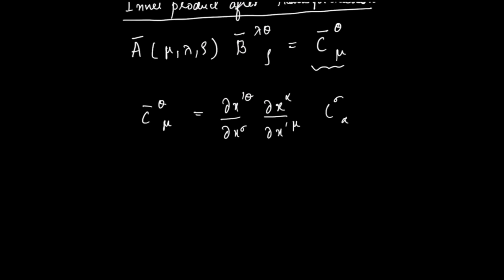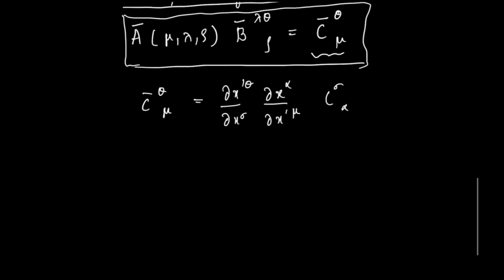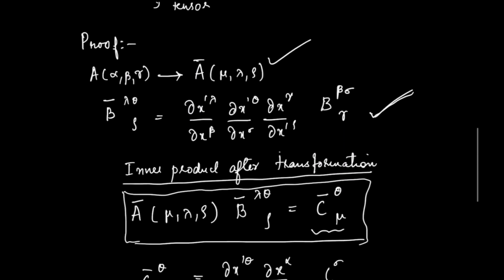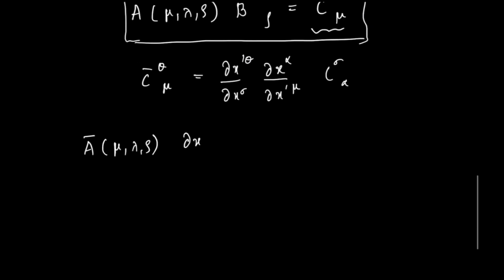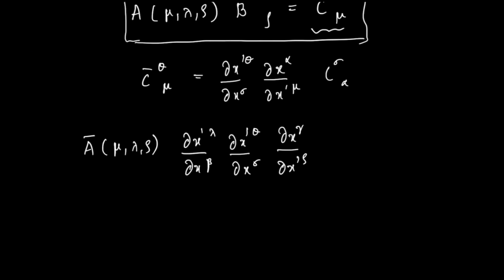Now I have to substitute it in the main equation here. A bar I have no idea, so I'll just write A bar multiplied by B bar. B bar is this one, right? So I'll substitute B bar here: partial derivative of x prime lambda with respect to x beta, partial derivative of x prime theta with respect to x sigma, partial derivative of x gamma with respect to x prime rho, B beta sigma gamma.